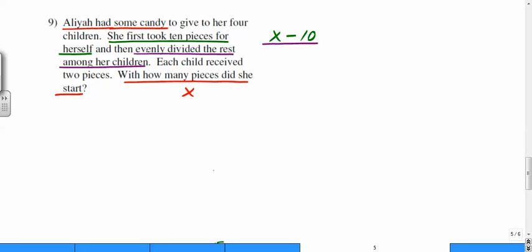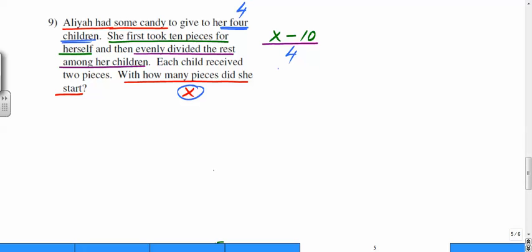Okay? Well, the problem is telling us that Alaya has 4 children, right? So to evenly divide whatever is left of your candies after you take 10 away will be X minus 10, because X is the initial number of candies. You take 10 away from it and you divide that by 4.